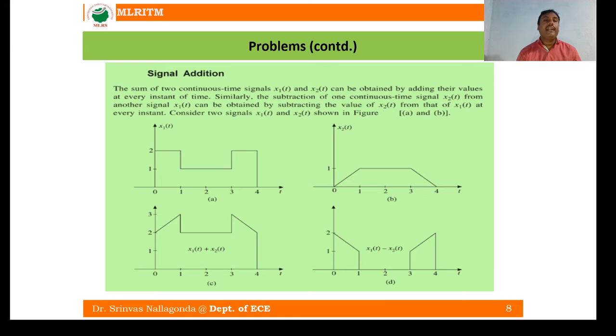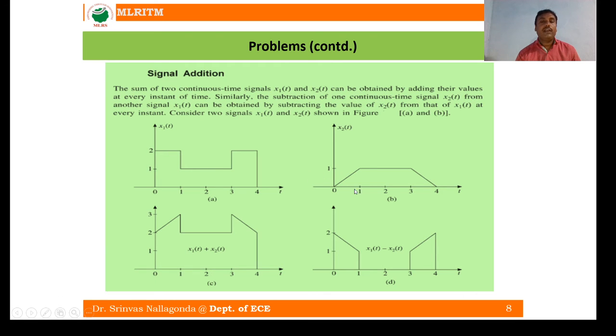Now signal addition. Two signals are given. I would like to add these two signals, and also subtract one signal from the other, and then we will see the resultant signal. So x1(t) plus x2(t) is our target. Here I am dividing into unit 1, unit 2, unit 3, unit 4 seconds, and here also 1, 2, 3, 4 seconds. From 0 to 1 unit, what is the amplitude here? 2, and it is a step signal.